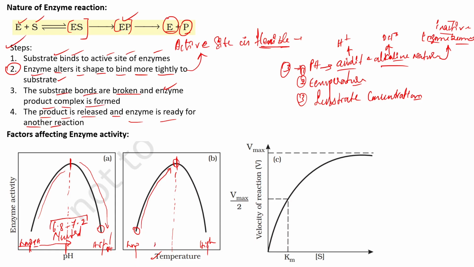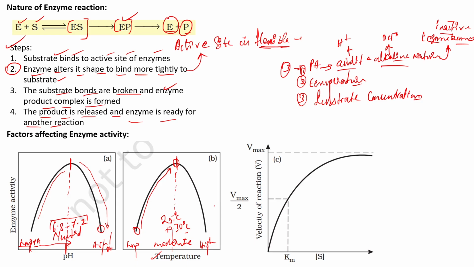Hence we can say at a moderate temperature, the enzymes work perfectly. What is the temperature range? Generally we say it is around 25 degrees Celsius to around 30 degrees Celsius. This is a very narrow, specific range.